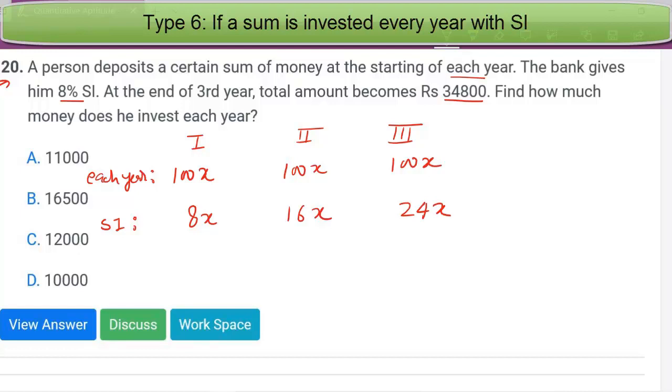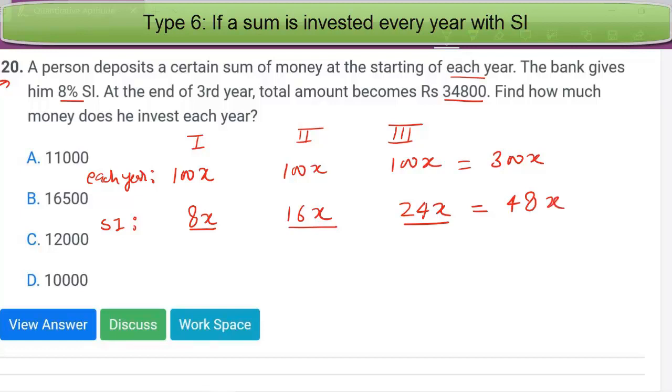You need to understand that in the first year he is getting interest of only 8x, but in the second year he is getting 16x because 100x has been invested again in the second year, and in the third year he is getting 24x. Now if you calculate, what is given is that at the end of the third year the total amount becomes this much. Here he has invested 300x, and he got 48x as interest.